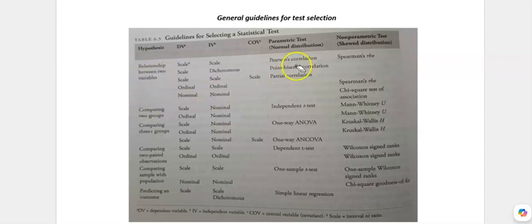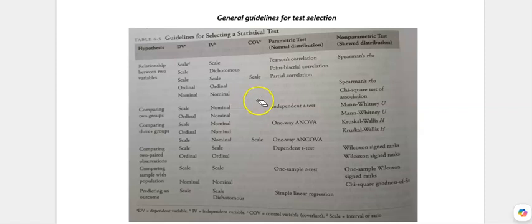Here, correlation: you have the correlation test when they are continuous variables, not nominal or ordinal variables. When they are continuous variables, you can find the relationship between the two by doing the correlation.